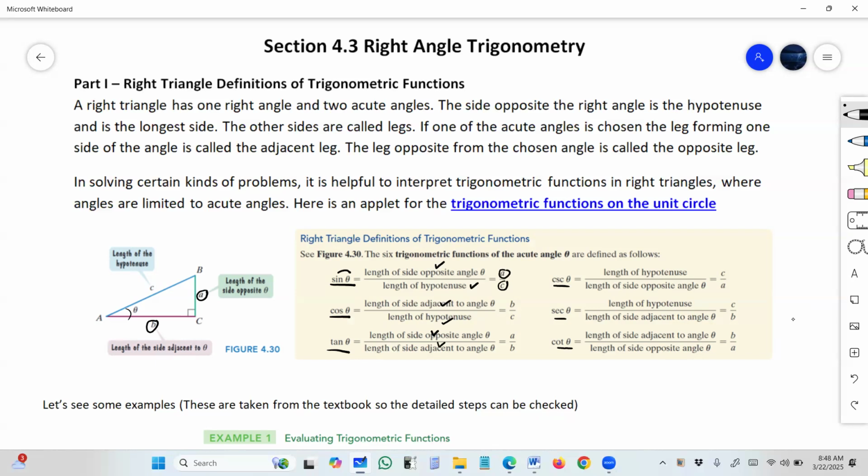Cosecant will be hypotenuse over opposite. Cosine is the reciprocal of secant. So if cosine is adjacent over hypotenuse, secant is hypotenuse over adjacent. And then tangent, opposite over adjacent. Cotangent is adjacent over opposite.